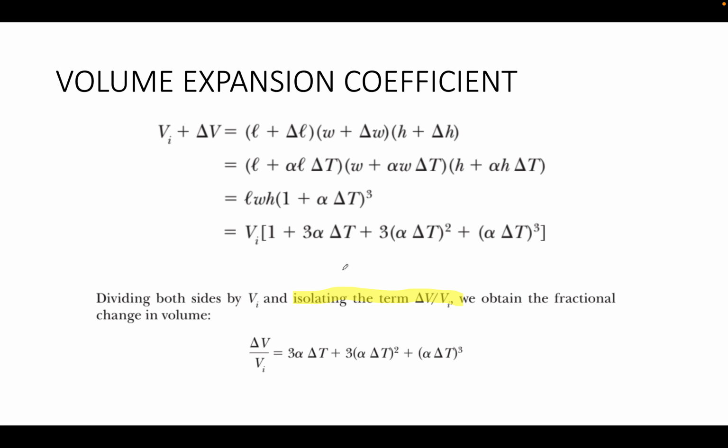So let us consider the equation for that. Simply, Vi plus delta V can be written as the volume getting increased by delta V amount. Vi was equal to L multiplied by W multiplied by H. So Vi plus delta V can be written as (L plus delta L) multiplied by (W plus delta W) multiplied by (H plus delta H).